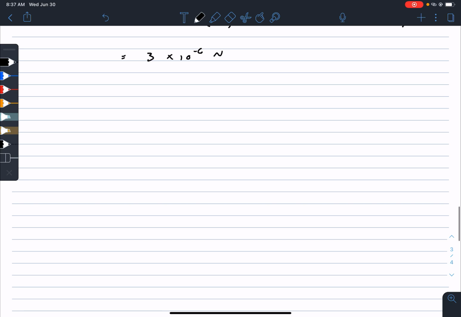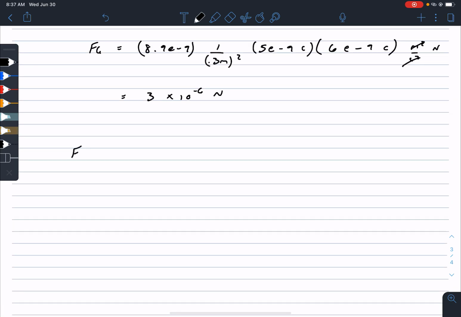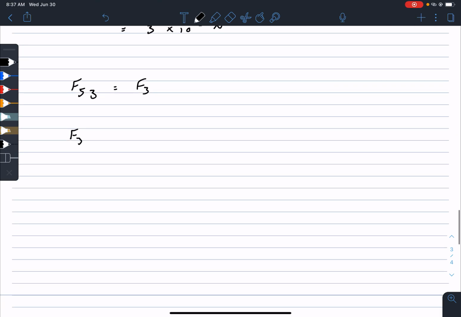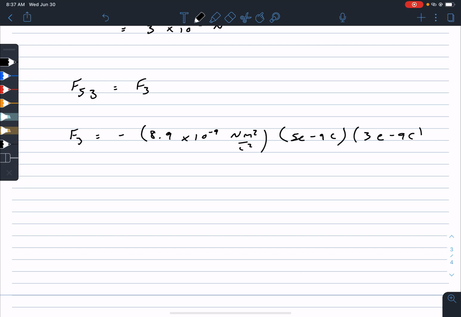Okay, let's do the next one. We had one that was 5 nanocoulombs and negative 3 nanocoulombs. We'll call this one F3. We had a negative charge, so let's put that out front right away. We had 5 nanocoulombs and negative 3, and then it was 0.1 meters.